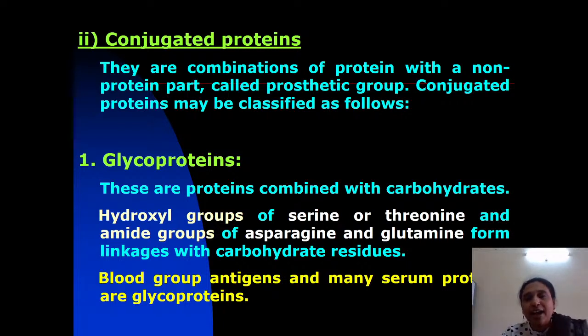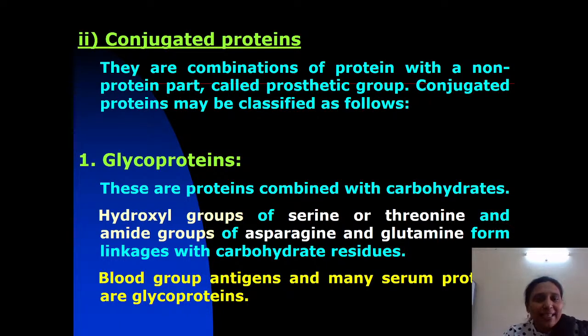So this carbohydrate is attached to the protein, especially at the hydroxyl groups of serine and threonine or the amide groups of asparagine and glutamine; these amino acids join with the carbohydrates to form a glycoprotein. Most of the blood proteins and serum proteins are glycoproteins, and blood group antigens are also glycoproteins.